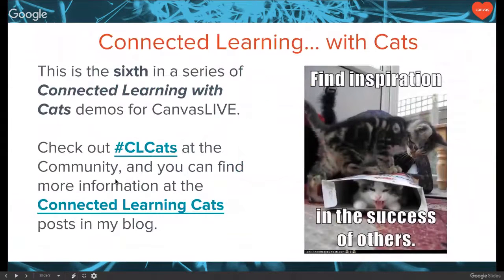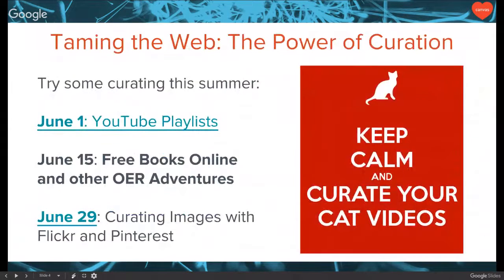And as Stephanie mentioned, this is a series ongoing. This is the 6th of the cats, and in particular, this is part of my Summer of Curation series. So last time I did how to curate things with YouTube playlists, and that was kind of a small picture of what you can do with curation.